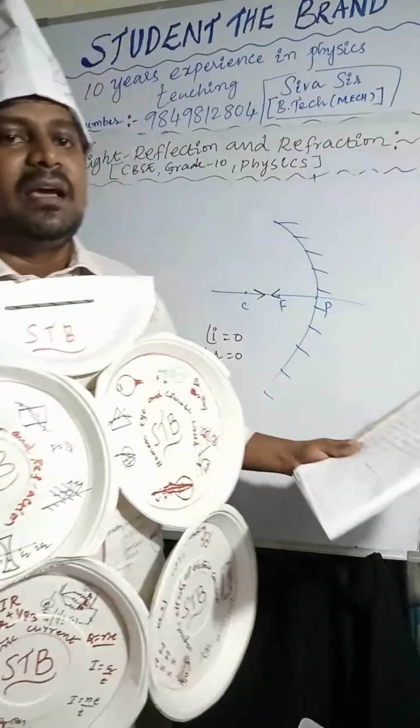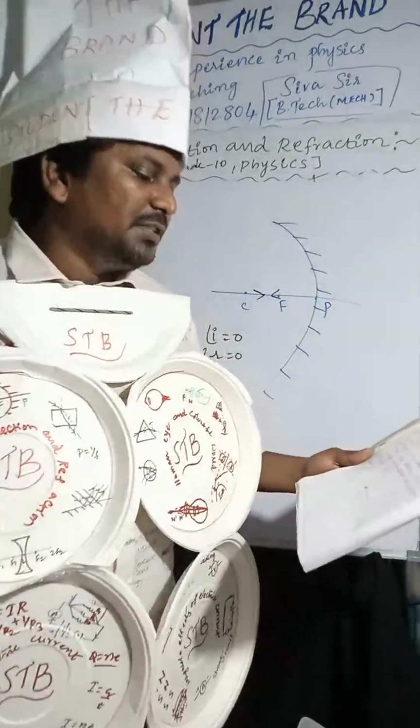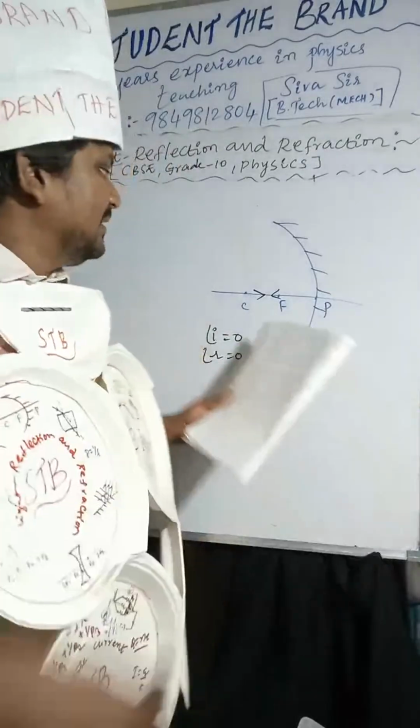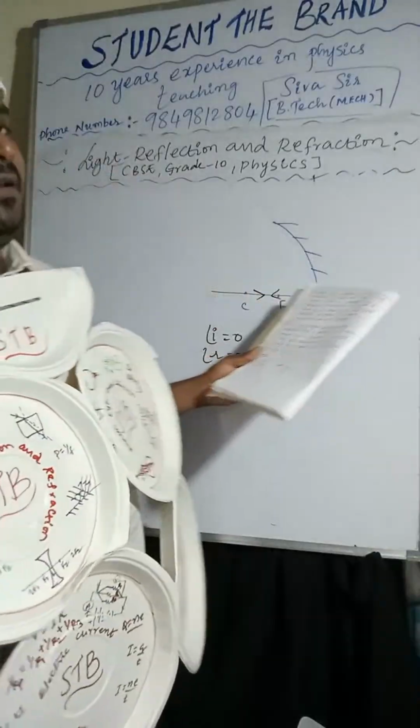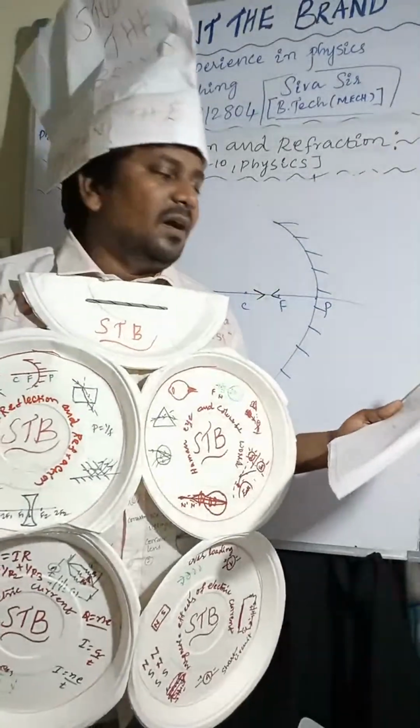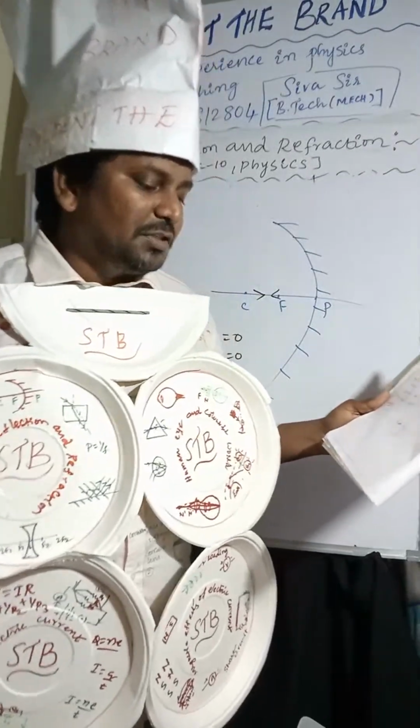When the light ray is incident along the principal axis, the reflected light ray moves along the same line. That's why the angle of incidence is 0 and the angle of reflection is also 0.